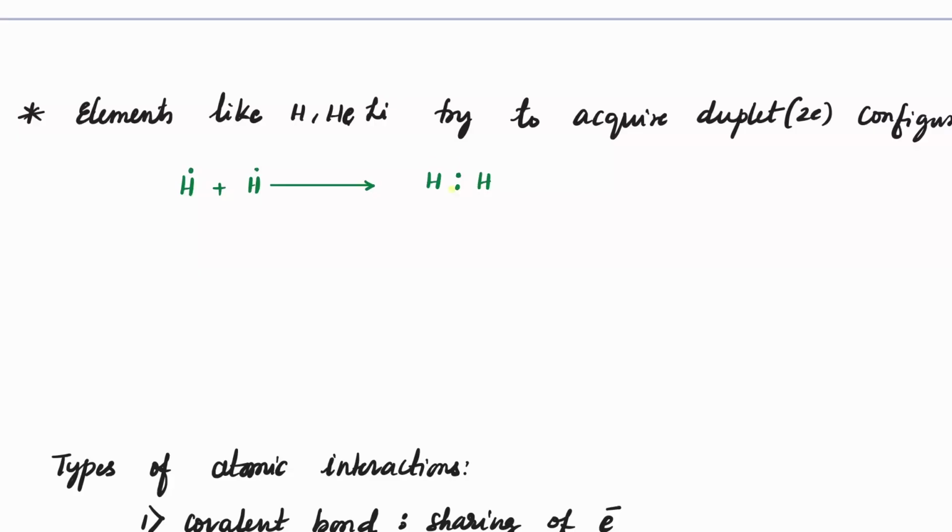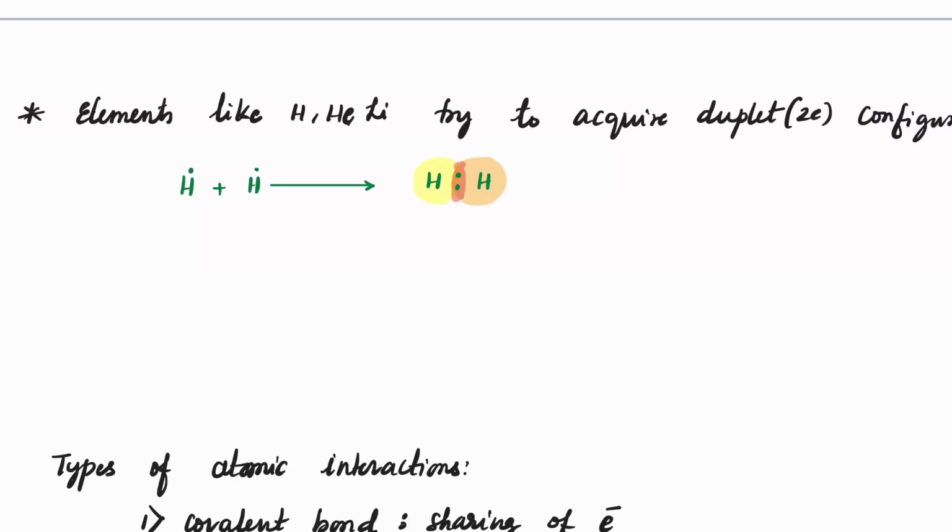Suppose this is the electron density of the hydrogen on the left, and this is the electron density of the hydrogen on the right. Now you can see there is a shared region between them. This is how the shared region typically looks.